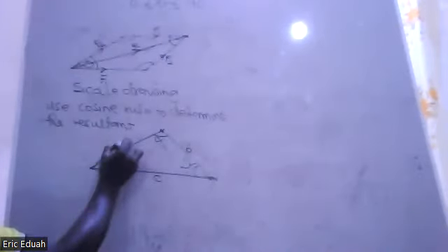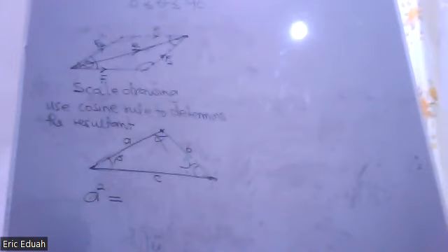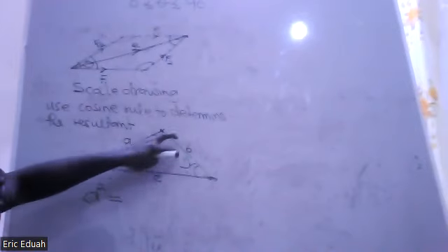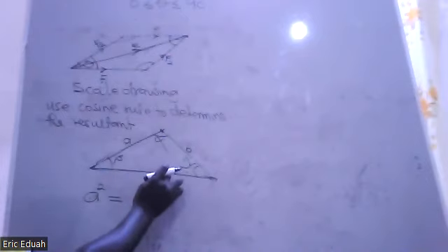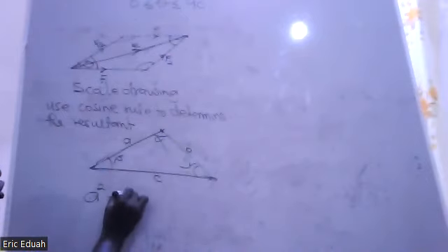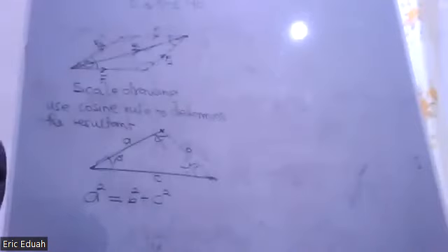Then the rule says that the square of the side we are looking for, A squared, must be equal to the sum of the squares of the other two sides, B and C. So B squared plus C squared. It is so similar to right angle triangles.